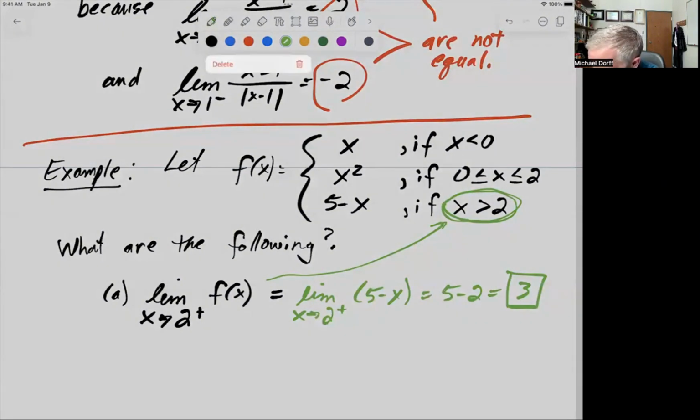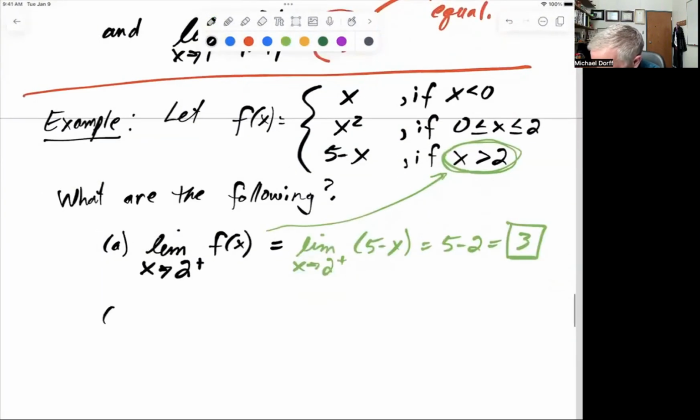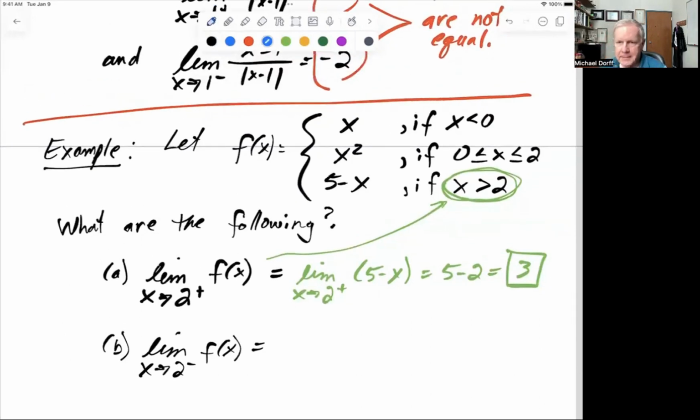Now, I'm sure a lot of you would say, well, what about if I do the limit as x approaches 2 from the left? Do I get the same answer? Well, going to our function here, when do we have x less than 2? If I'm going to a left-hand limit, that means x is a little bit less than 2. What case do we have here? That's this case, the middle one. Those are the values when x is a little bit less than 2. And so this one is going to be the limit as x goes to 2 from the left of x squared.